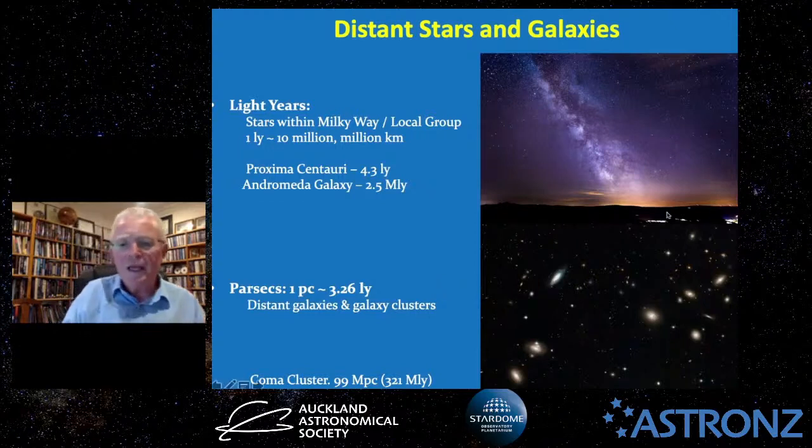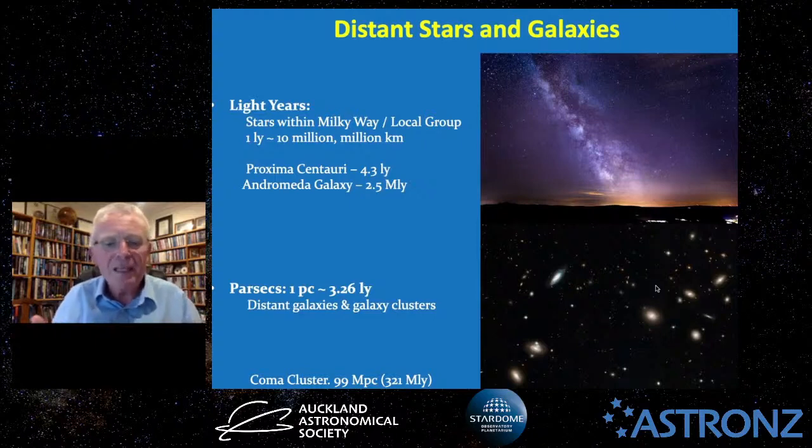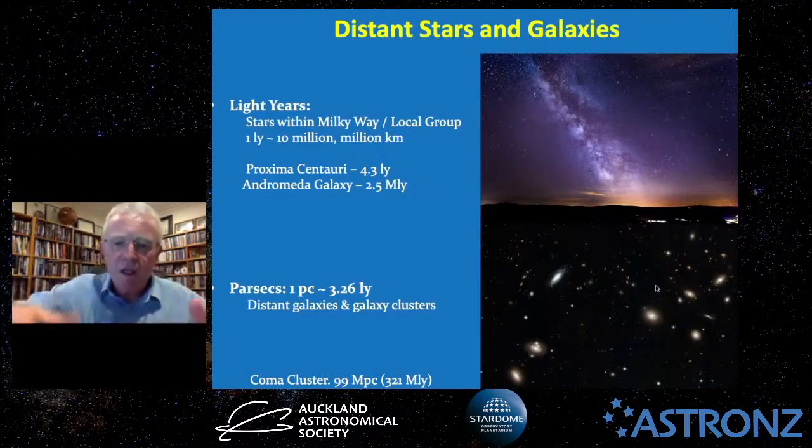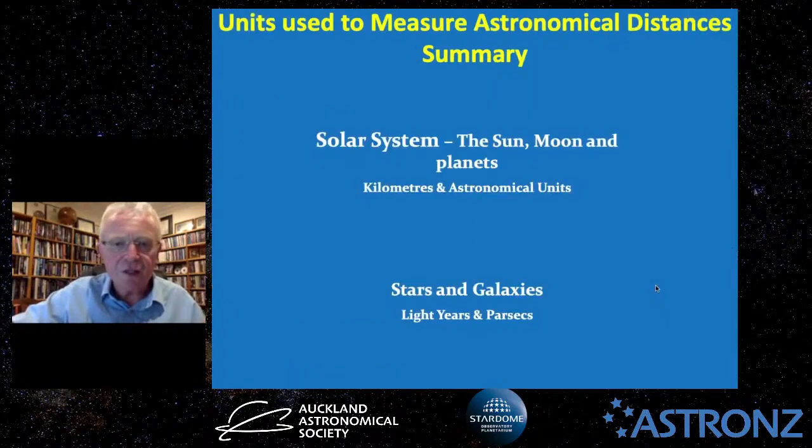For example, this image is the Coma cluster of galaxies, quoted as being 99 megaparsecs or 99 million parsecs away, which works out to about 321 million light years. So they use something slightly different for the more distant stars and galaxies.